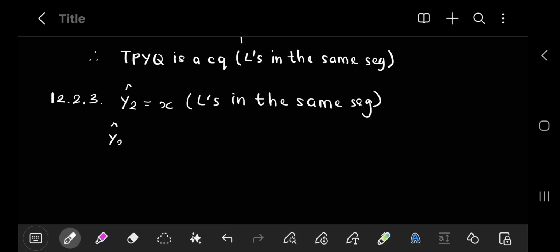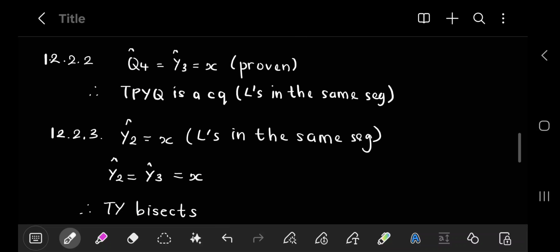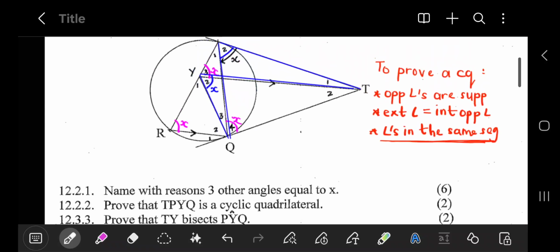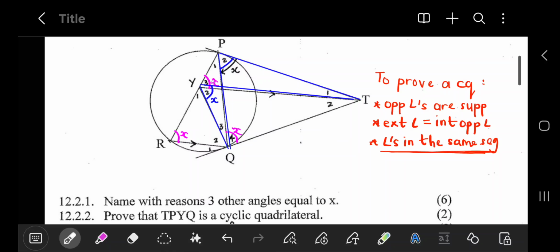Then we're going to mention that angle Y2 is equal to angle Y3, which is x. Therefore, TY bisects, and the angle was called PYQ. So for that reason, the angle is bisected, because clearly Y2 and Y3 are equal to each other. So the entire angle PYQ has been cut in half.